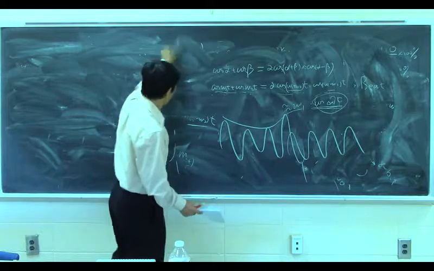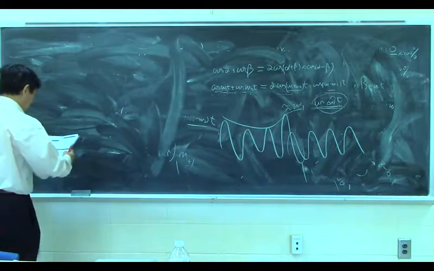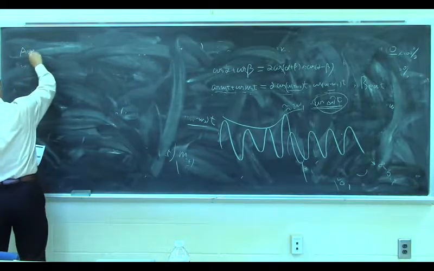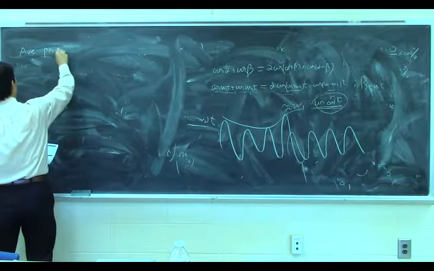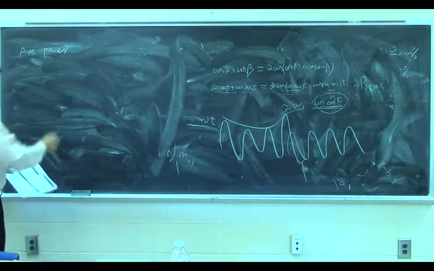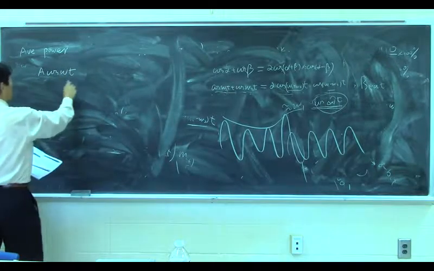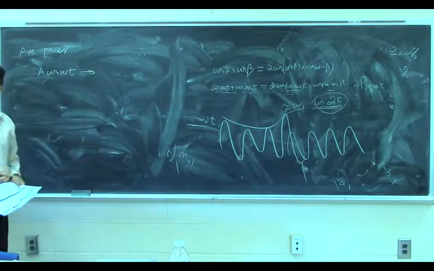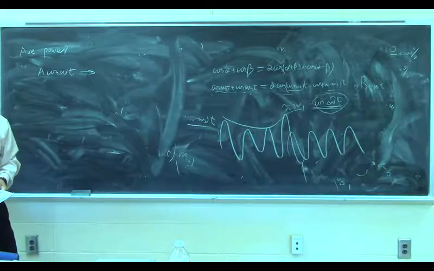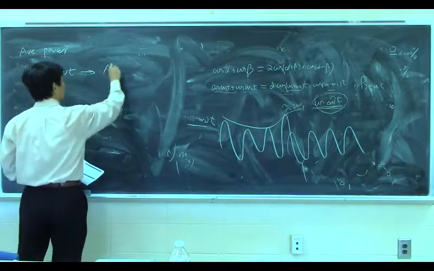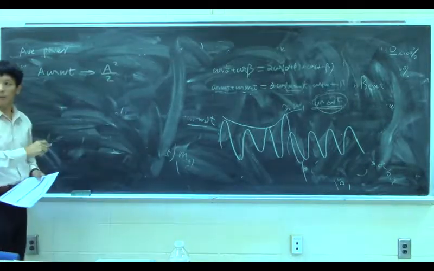Alright, next is to discuss the power of the signal, the average power. How to calculate the power? For example, if we have a cosine function like this one, what is the power? A squared over 2.